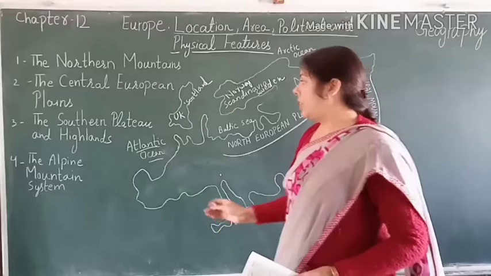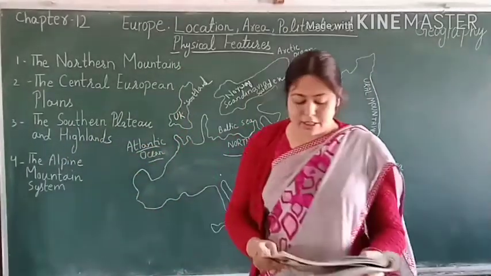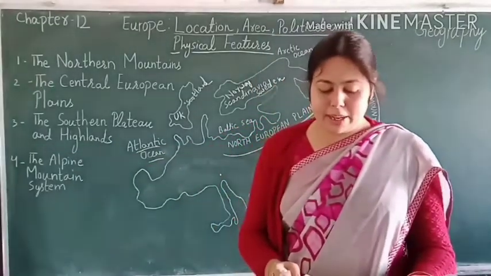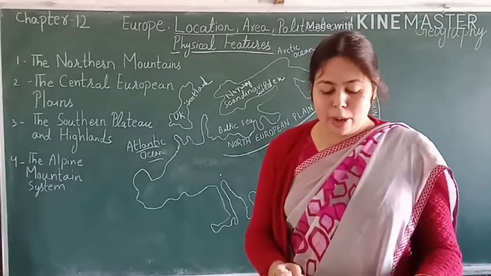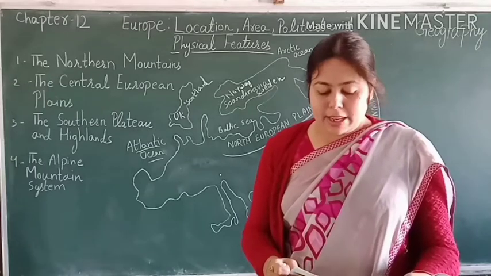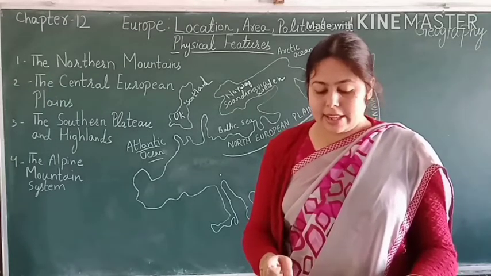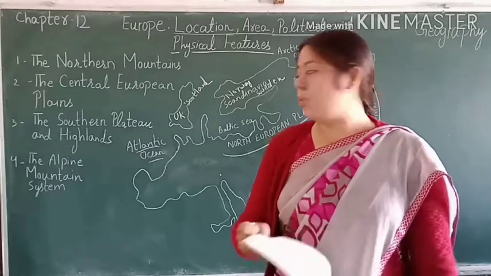The third physical feature is the southern plateau and highlands. South of the Central European plains is another system of highlands and plateaus made up of old rocks. The Meseta of Spain, the Central Massif of France and the highlands of Bohemia are all plateaus.